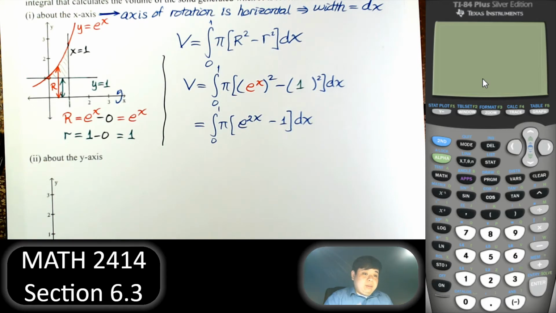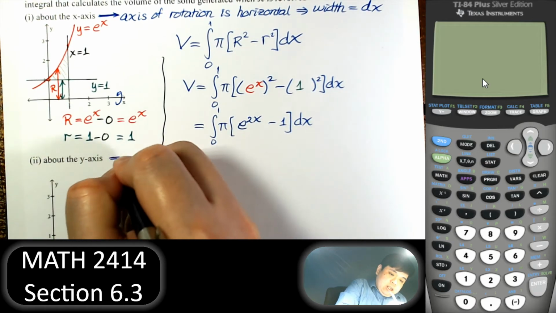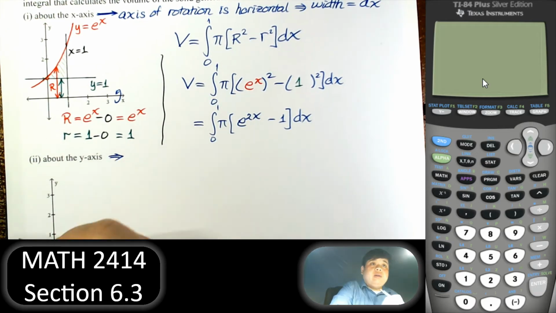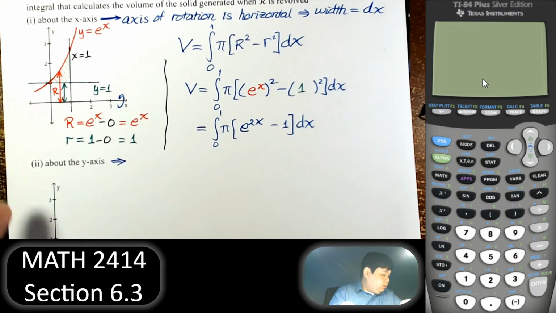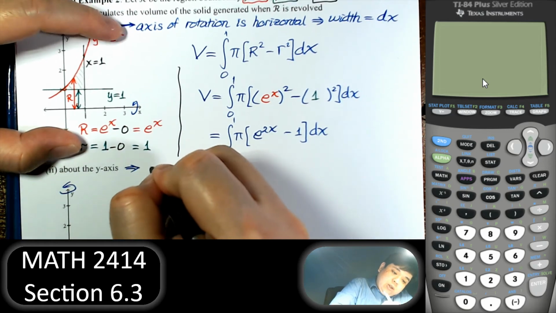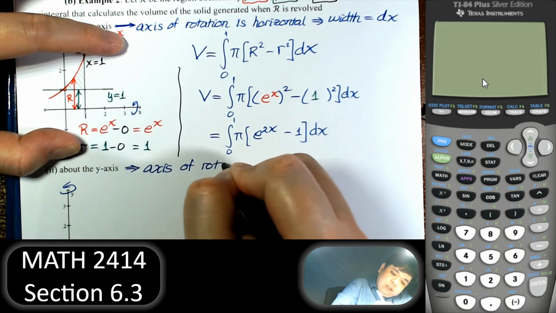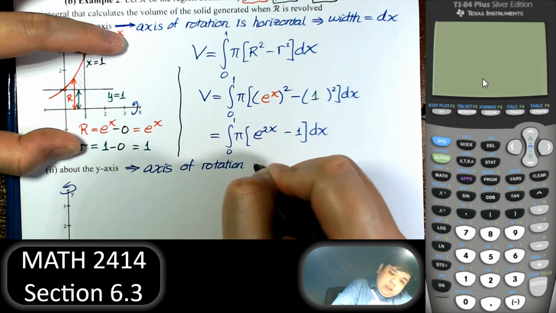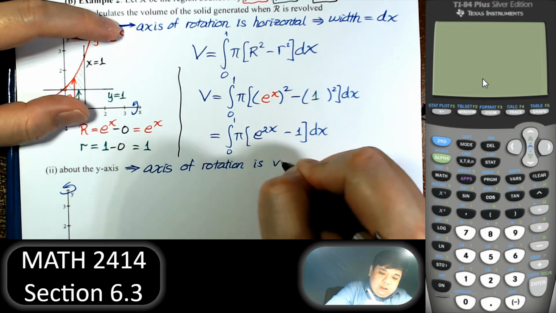Now the same region, but this time rotate about the y-axis. If we rotate about the y-axis, the axis of rotation is vertical.